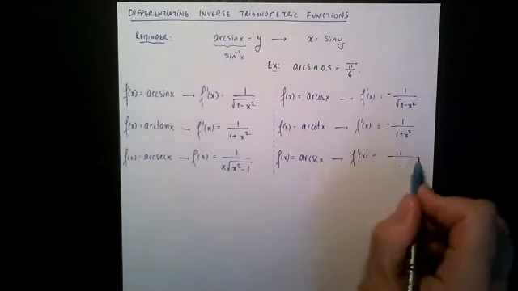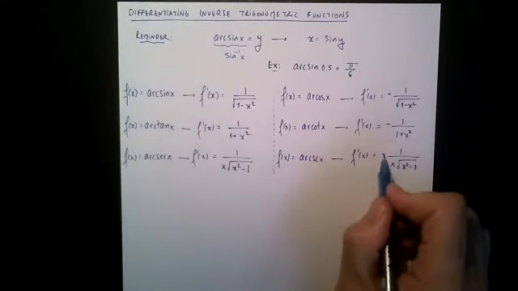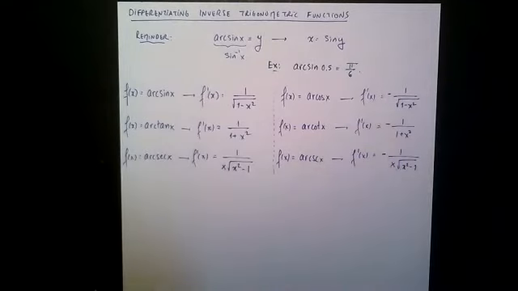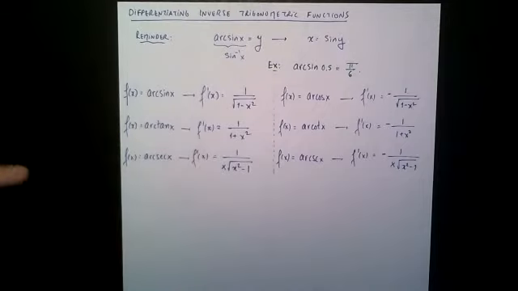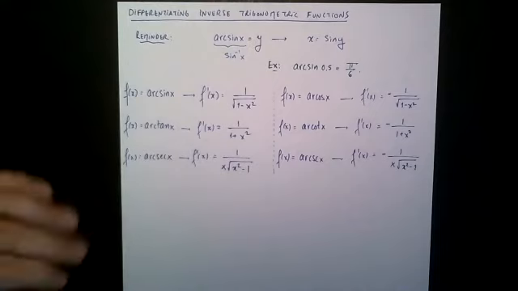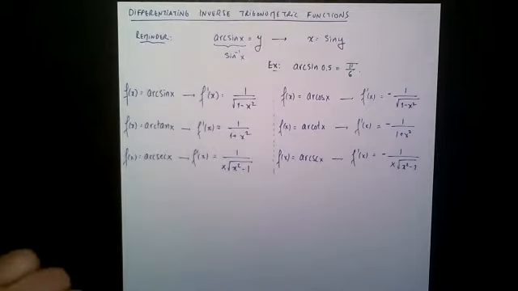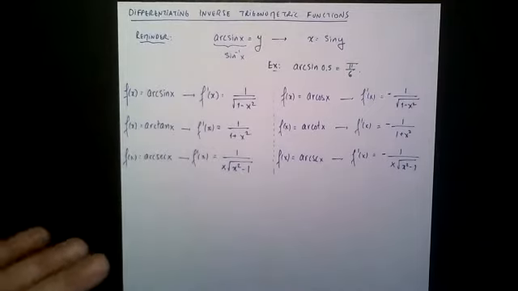And the same thing for the arccosecant, square root of x squared minus 1, but there's a minus in front. These are the 6 derivatives. So what I'm going to do now is prove all of them, and then we're going to do some practice applying them to find derivatives of more complex functions.